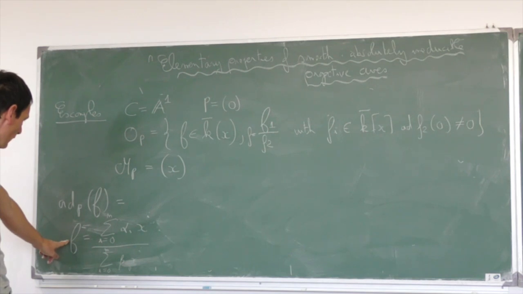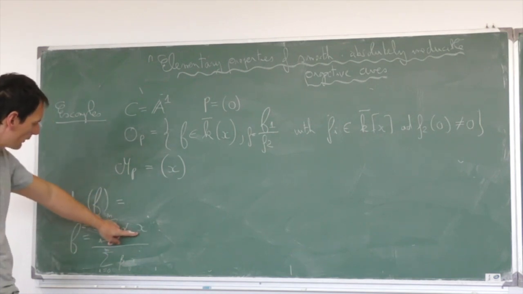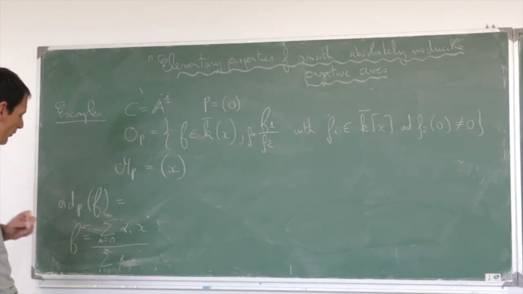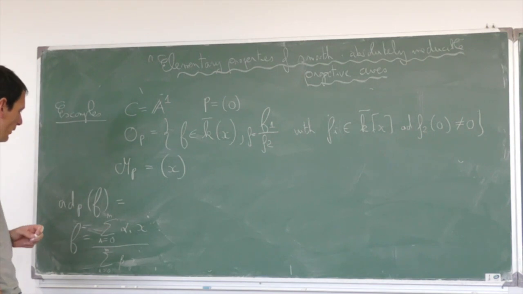The valuation of f is simply, you look at the numerators and you look at what is the maximal power of x which divides the numerator.